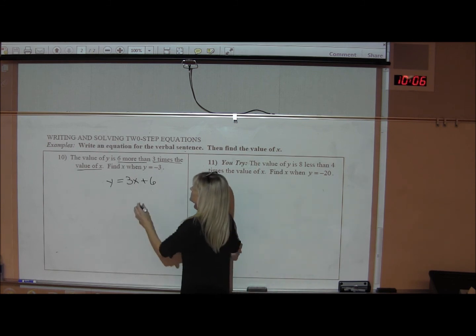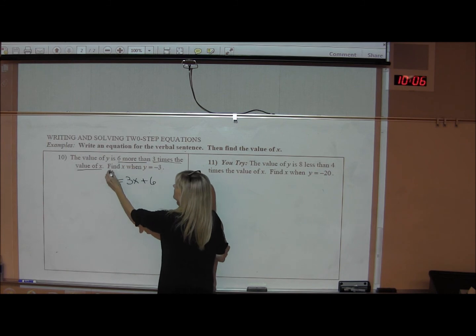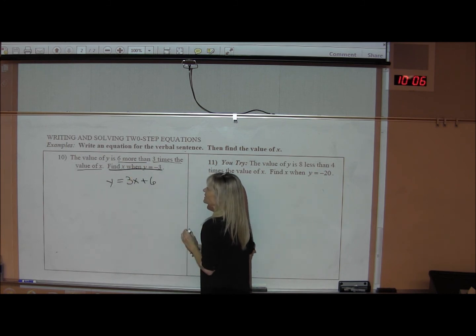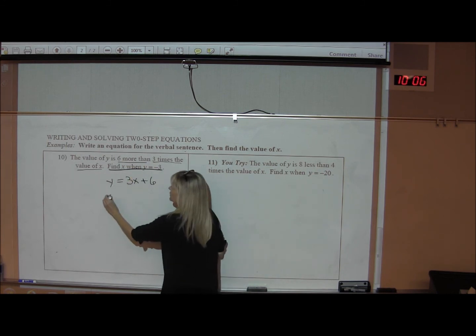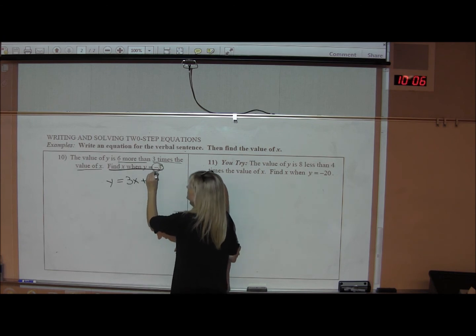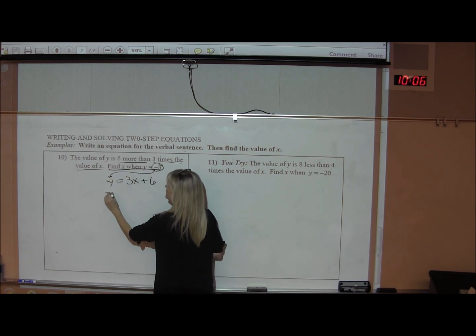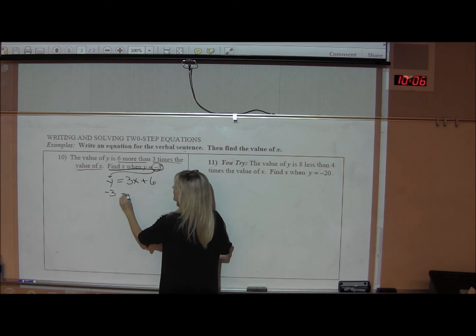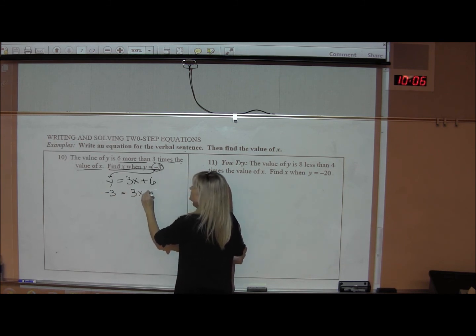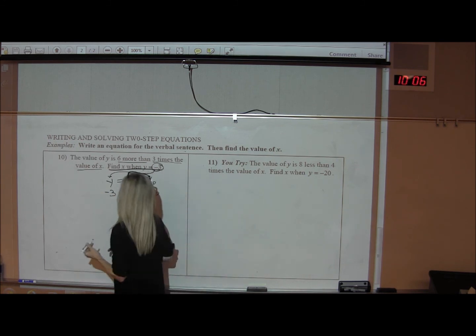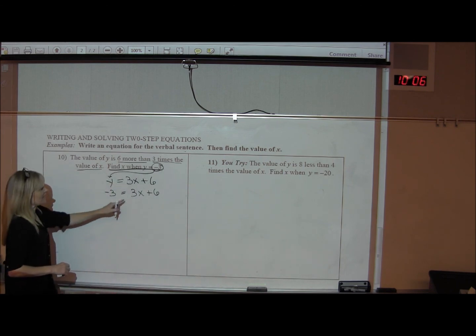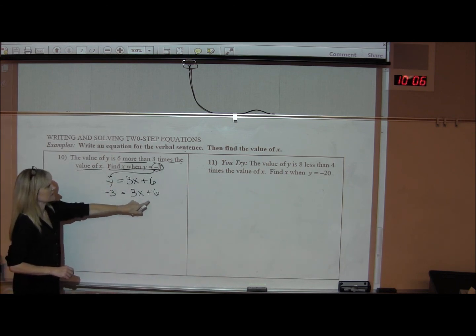So now we've got our equation. Now we're finding the value of x when y equals negative 3. So I'm going to substitute the negative 3 everywhere I see y. So negative 3 equals 3x plus 6. Now we just have a 2-step equation. So I need to isolate my x term.